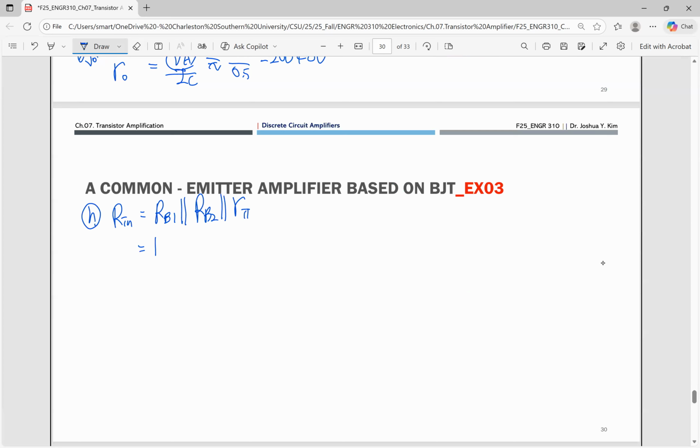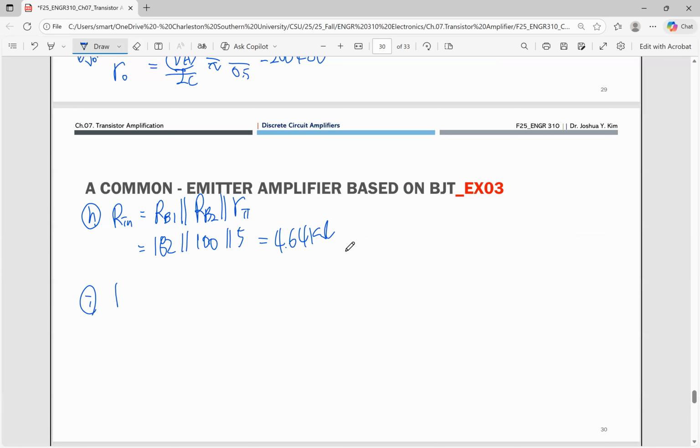And this is the 182, 105. I'm gonna skip calculations. But keep in mind, you have to practice that the three values are in parallel. So 4.64 kilo ohm.